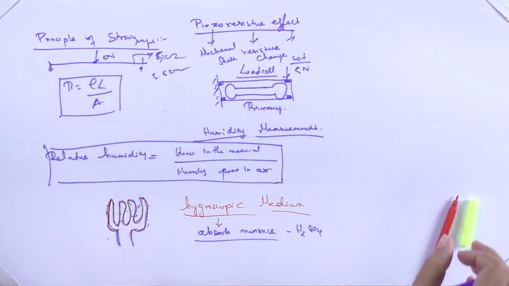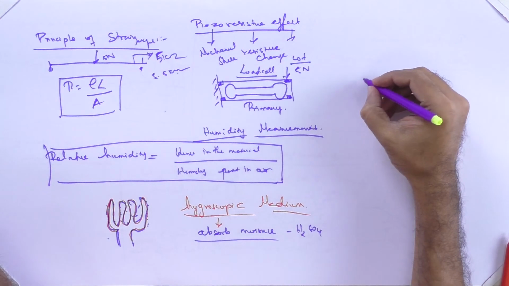Before it had a resistance which you have balanced in the Wheatstone's bridge, and after absorbing moisture, let us take 10 minutes you are leaving it at room temperature, in an open room, and you want to find out the humidity present in the room, then you will be finding a deflection in the galvanometer depending upon the amount of moisture present in the room, and you will be able to find it.